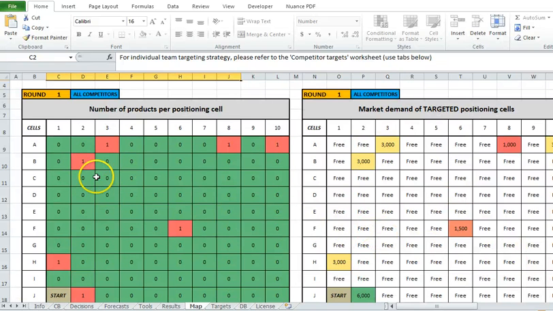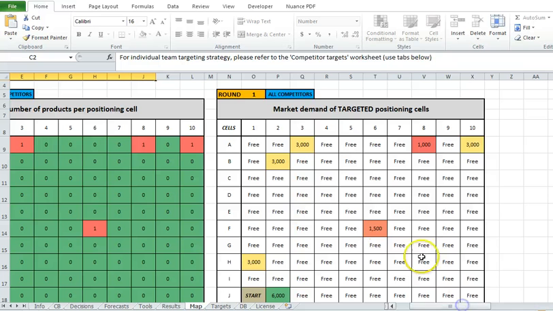So we've got the whole market mapped out. For some slightly extra information, on the right hand side is where the competitors are, or the whole market is, not just competitors. You can see the value of the cells they're targeting and where the opportunities or the gaps are.